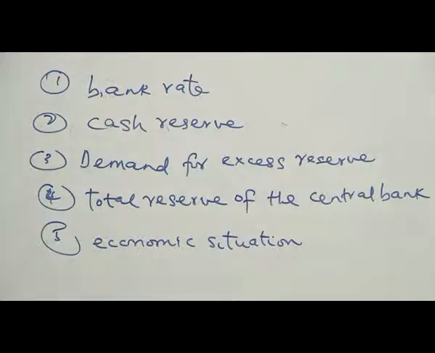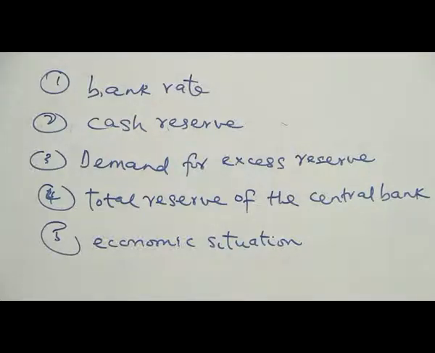This percentage is what we call cash ratio or cash reserve, and it has an effect on supply of money. When there is an increase in cash reserve or cash ratio, it means commercial banks will have less money to give to their customers. So there is an inverse relationship between cash reserve and supply of money. The higher the cash reserve that commercial banks keep with the central bank, the lower the supply of money.